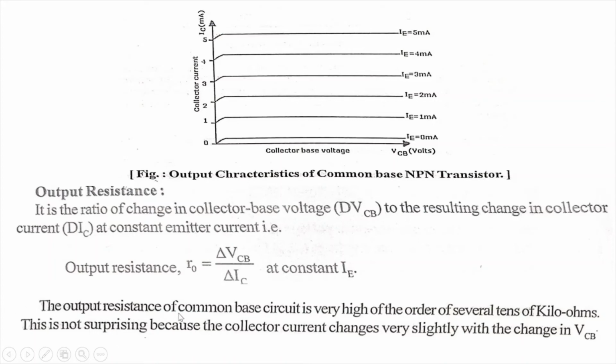The output resistance of common base circuit is very high, of the order of several tens of kilo ohm. This is not surprising because the collector current changes very slightly with the change in VCB.